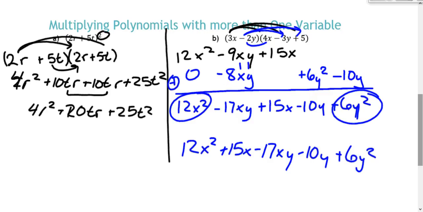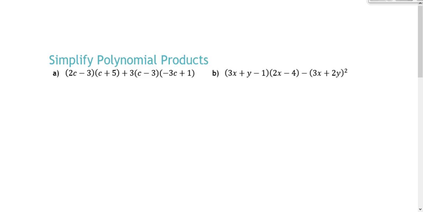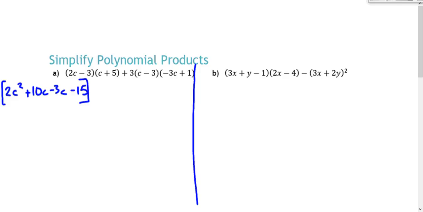Okay. Next one is just adding in an extra step of multiplying things together and then simplifying. It just looks a little bit more complicated because there's just a little bit more going on. So binomial by binomial, I'm going to put some square brackets so I know what I'm doing. So this is 2c squared plus 10c minus 3c minus 15. And I'm putting this so I remember my operator that's happening out there.